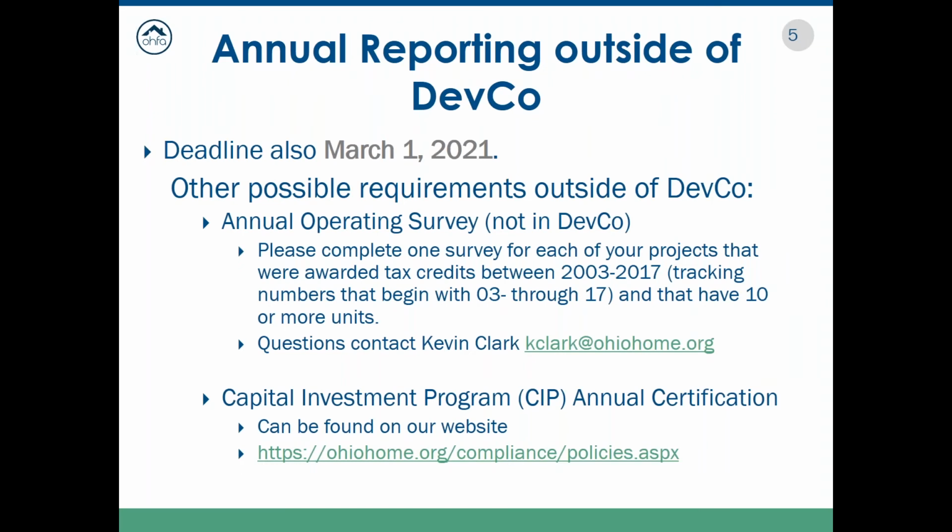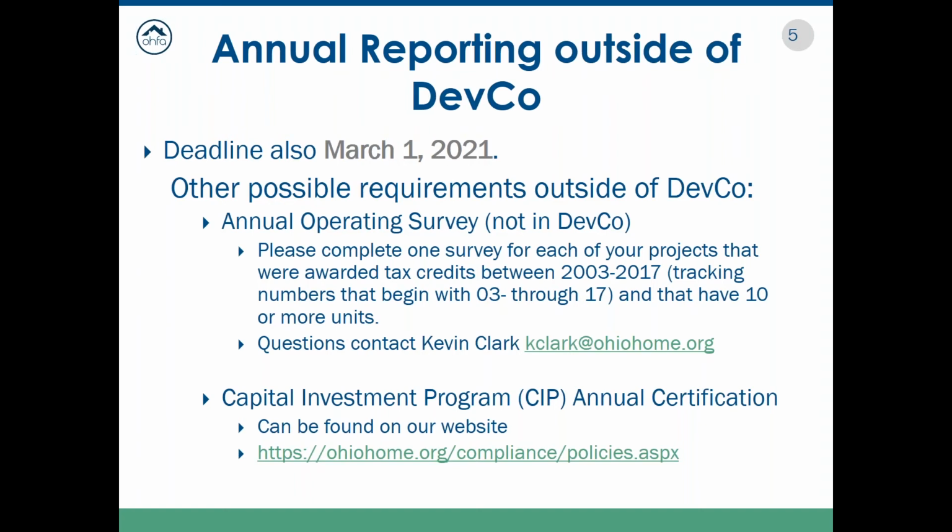So here are a few other possible requirements for annual reporting. Projects that were awarded tax credits between 2003 and 2017 need to submit an annual operating survey. The survey is found on our website. It is not in DevCo.